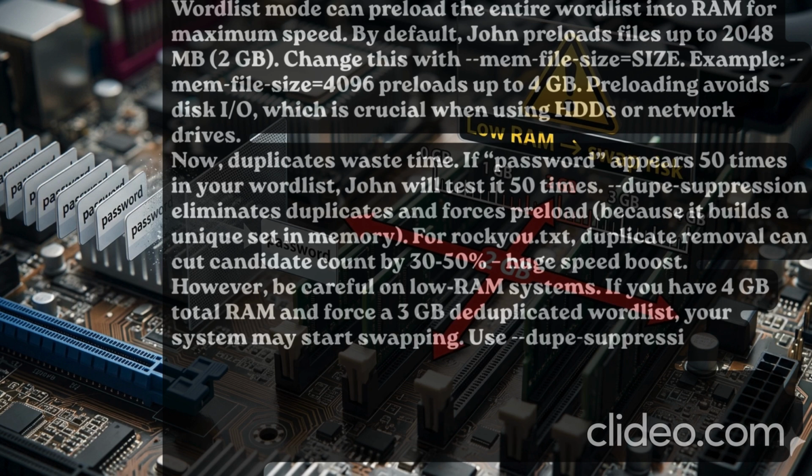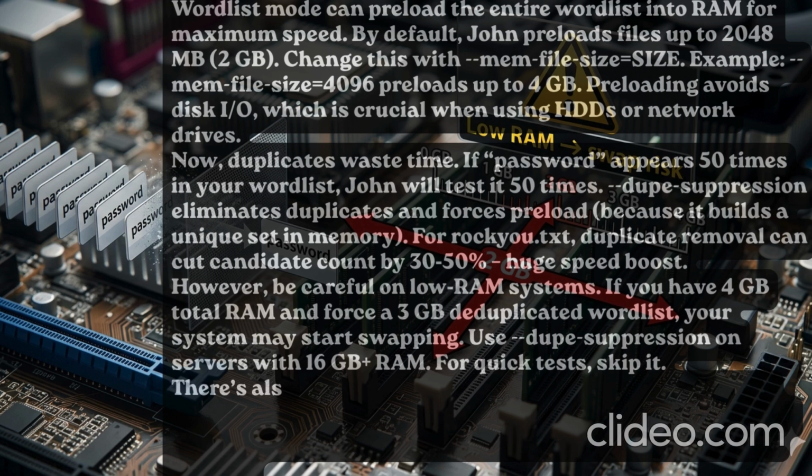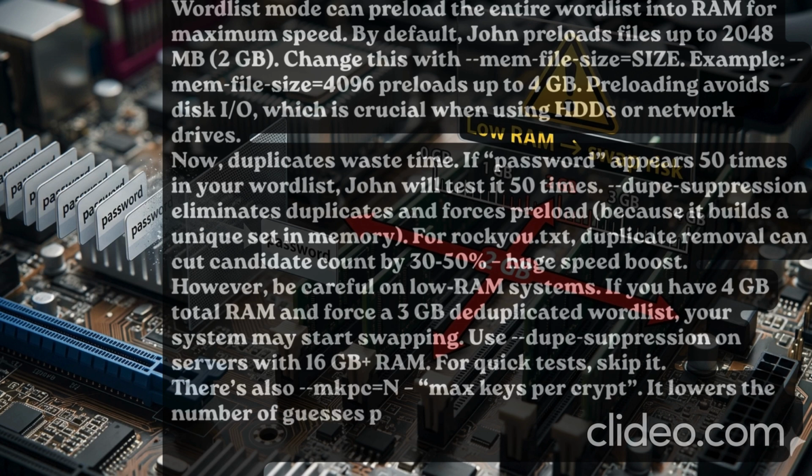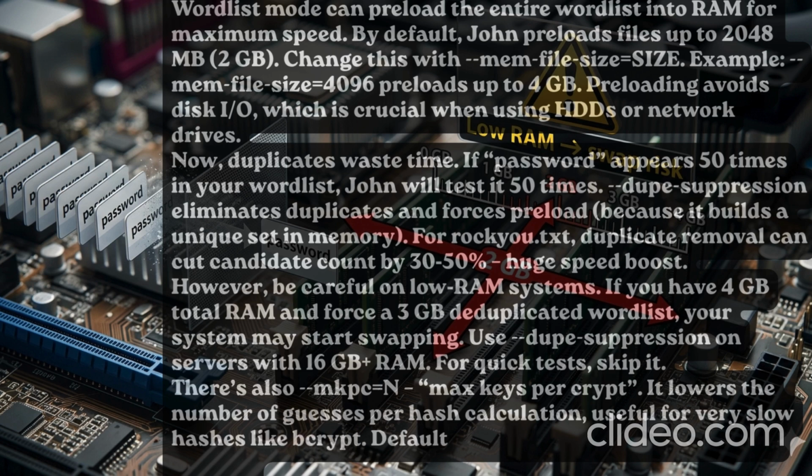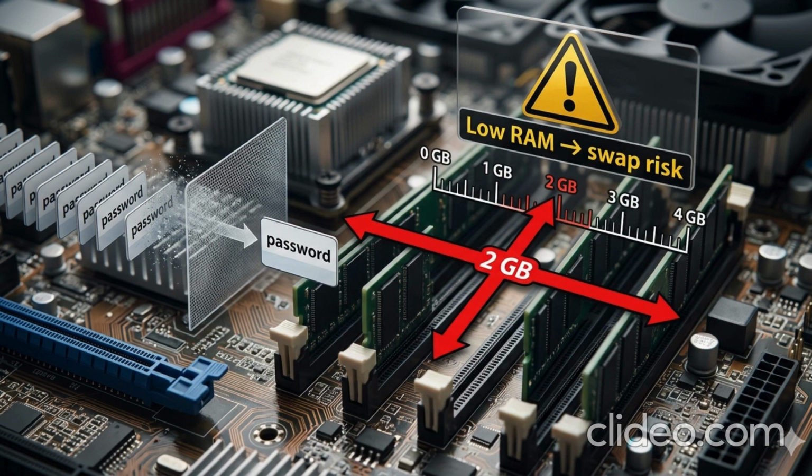Use --dupe-suppression on servers with 16 GB plus RAM. For quick tests, skip it. There's also --mkpc=N, max keys per crypt. It lowers the number of candidates per hash calculation, useful for very slow hashes like bcrypt. Default is auto-tune. You rarely need to touch it.